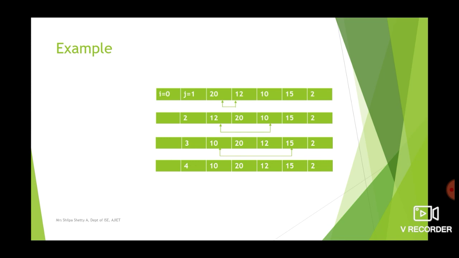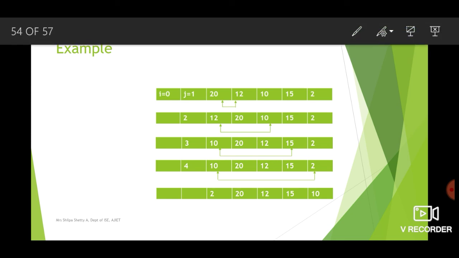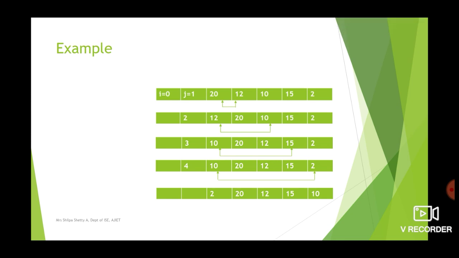So 2 will come to the first position and 10 will go to the fifth position. Now at the end of this iteration, the array looks like this: 2, 20, 12, 15 and 10. So the smallest element in the array is 2, and that occupies the first position. That is the end of the first pass.